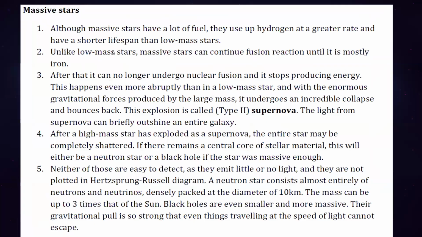But we can have massive stars as well, which have a mass of like 3 times or 4 times the mass of the sun. Massive stars have a lot of fuel, but they use up hydrogen at a greater rate because they have high temperature. So the rate of fusion of hydrogen is much higher. So they have a shorter lifespan than a low mass star.